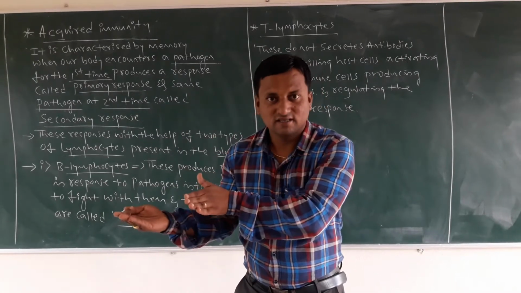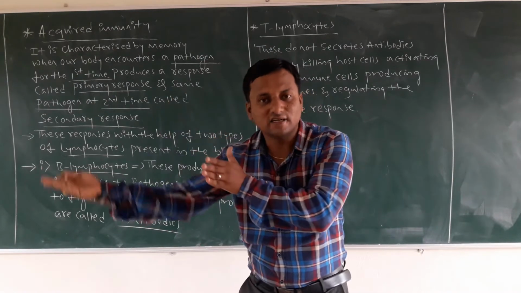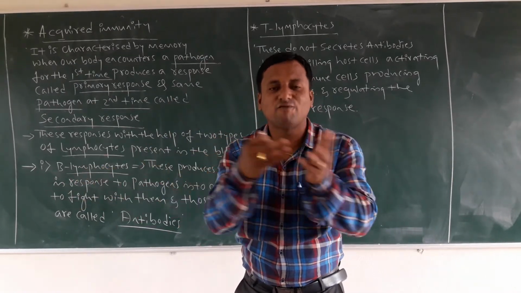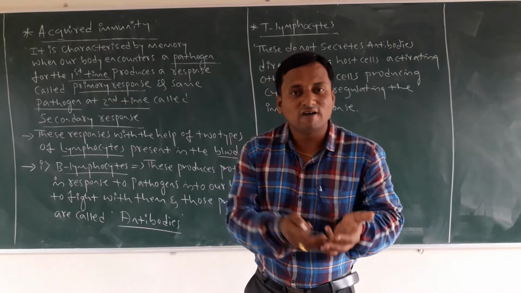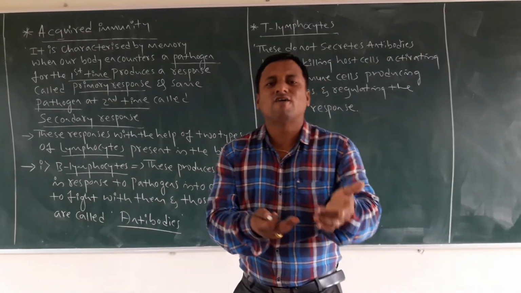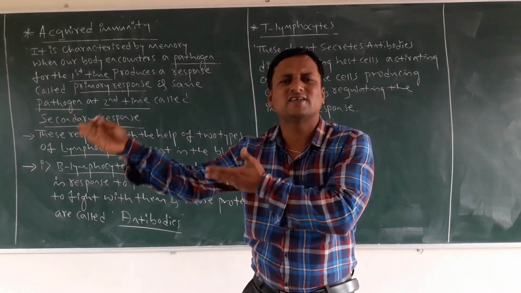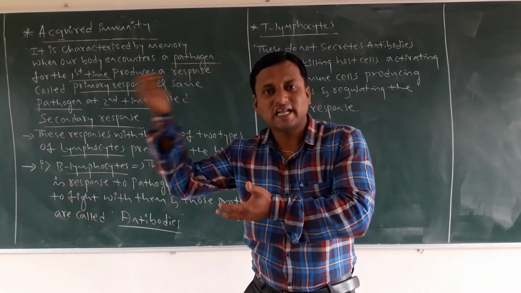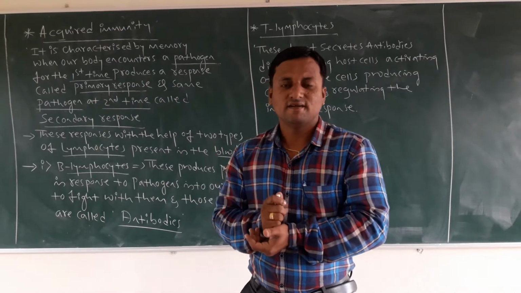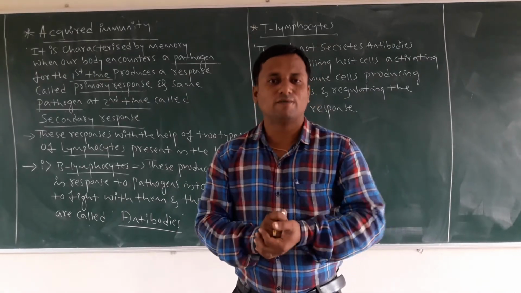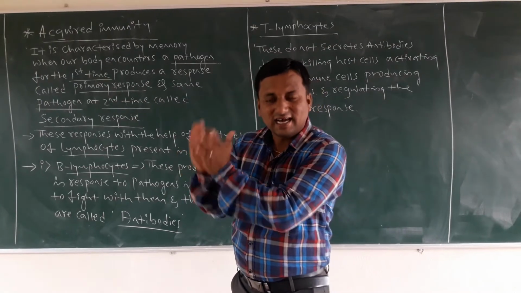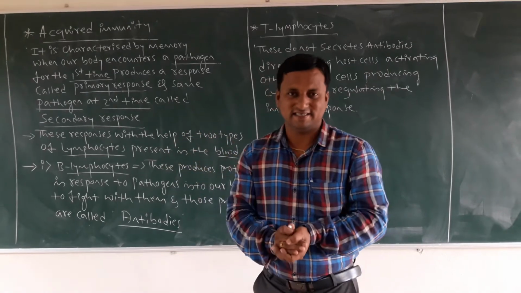After birth, we borrow it from other sources, in the form of food molecules, injections, tablets, or plant or animal products. Such ready-made antibodies are taken into our body. That is called adaptive or acquired immunity.